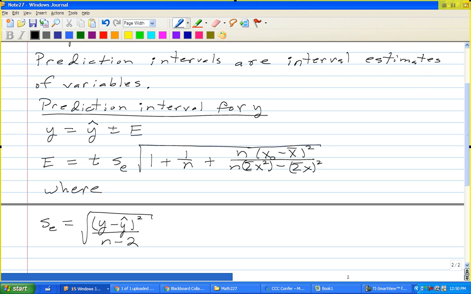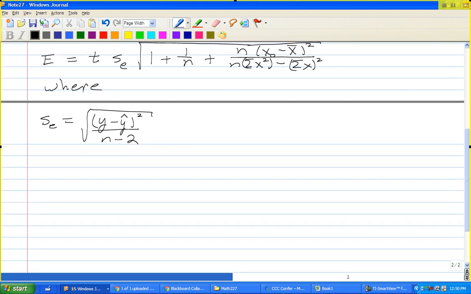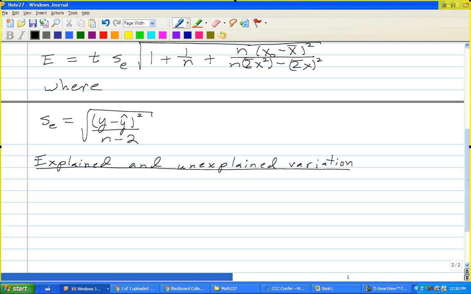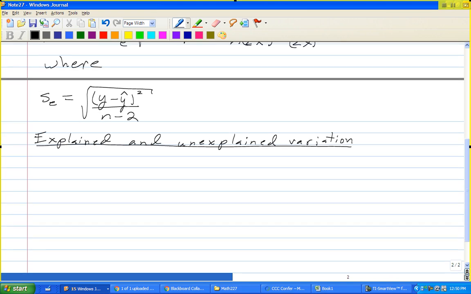Okay, so the explained and the unexplained variation. Maybe I'll do a little graph.